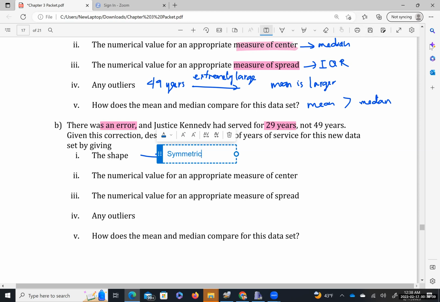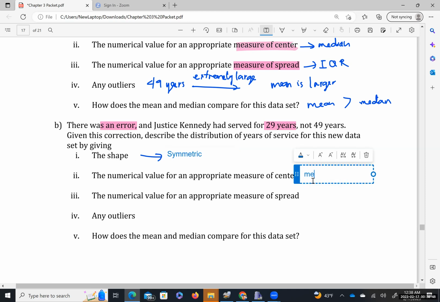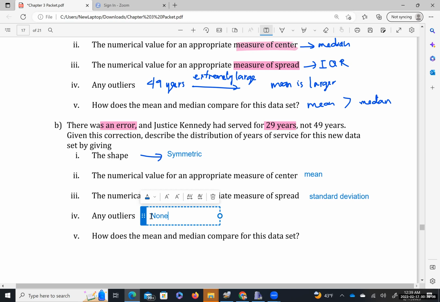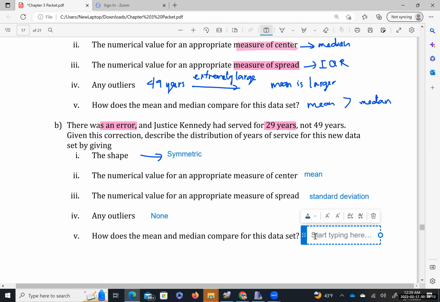The numerical value for an appropriate measure of center in this case will be the mean, clearly, since it is symmetric, and the spread will be the standard deviation. You don't have anything else. In this case, the mean will roughly, approximately, be equal to the median, right?